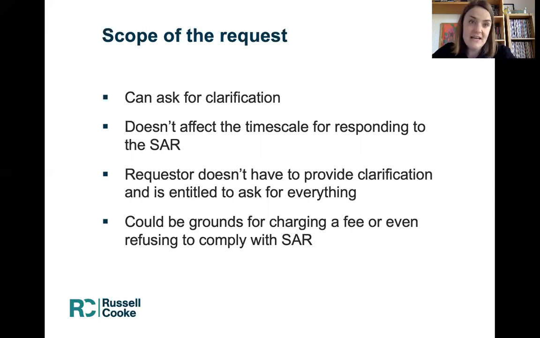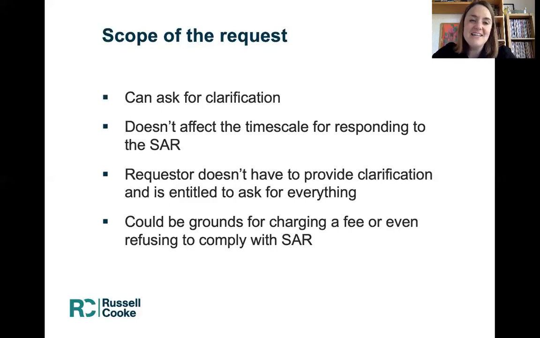You can ask for clarification. The GDPR completely allows, I think it's recital 63 of the GDPR, permits data controllers to ask people making subject access requests to clarify what exactly they're looking for. Now, again, proportionality is key.